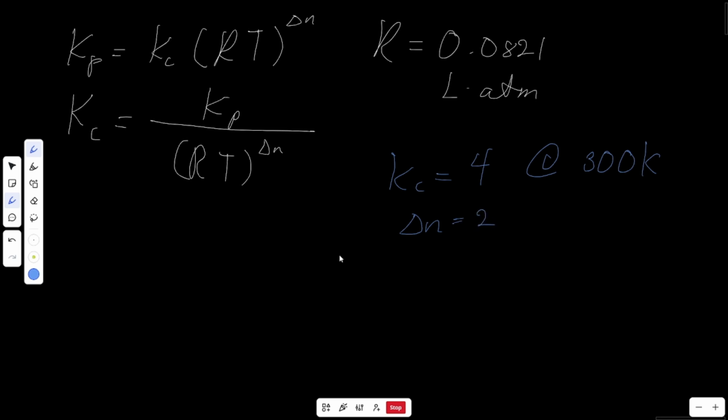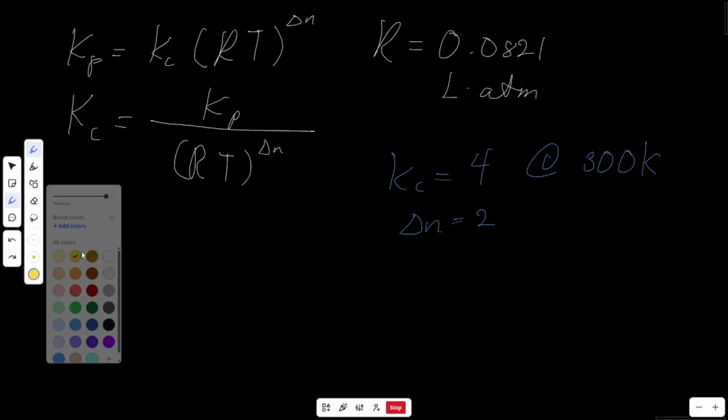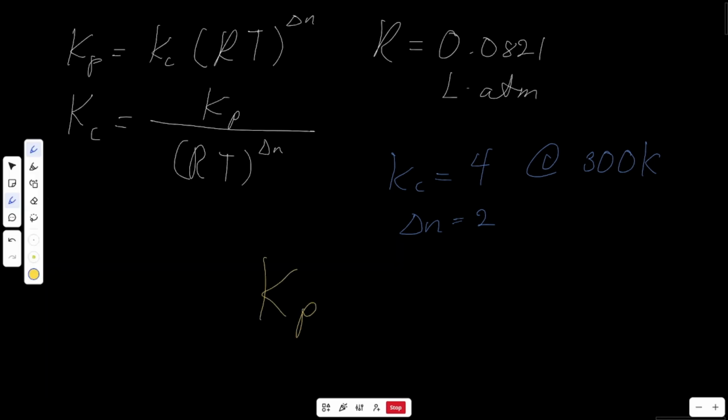What is going to be our Kp? We just have to plug in our values here. So that's 4 times 0.0821 times 300 Kelvin, the result of this, all to the power of 2.